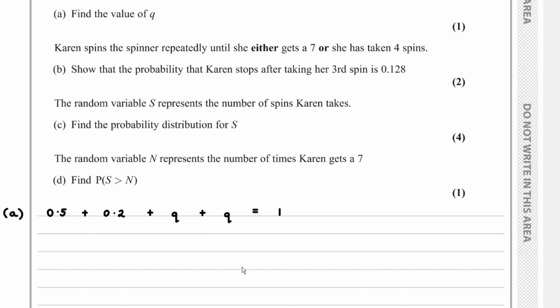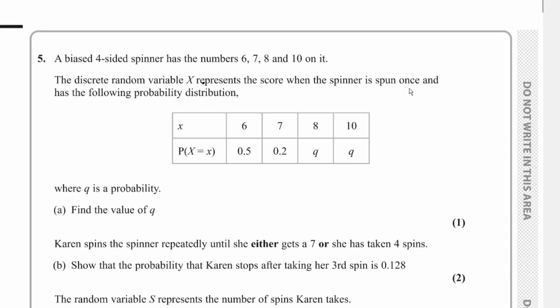If we simplify this, you will find 2q to equal 0.3, which means q is equal to 0.15. So q is equal to 0.15, which means the probability of getting an 8 is 0.15 and the probability of getting a 10 is also 0.15.